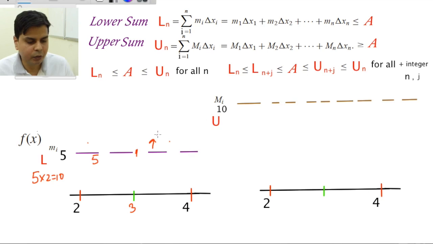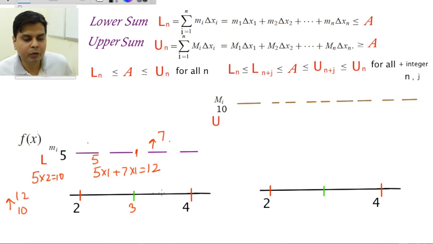So suppose this is equal to say 7. So what will your new L be? Your new L will be 5 into 1 plus 7 into 1, because your interval is now of length 1, which is 12. So your L has increased from 10 to 12. If you are increasing your number of subintervals, my L has increased.